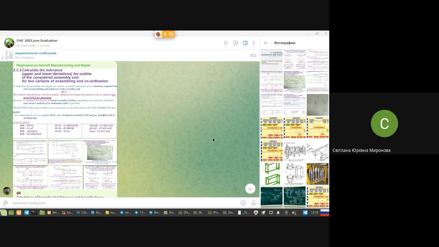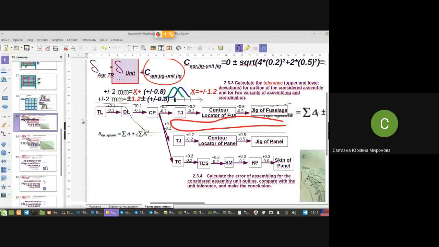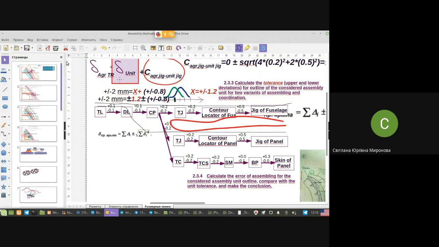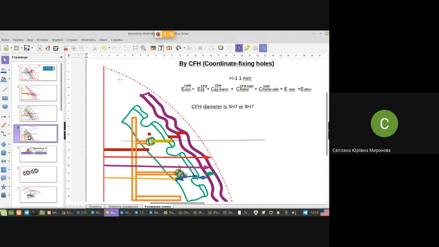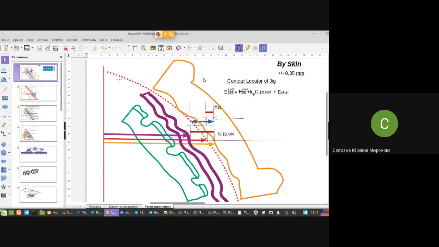If you don't mind, once again I remind you where you studied these errors. We studied methods of assembly in the first half of the semester, and we know that each method of assembling is characterized by one or another equation of errors, and as a result, one or another value of possible errors, one or another accuracy. I propose you usually use this one because it's convenient for you and reduces your calculations.